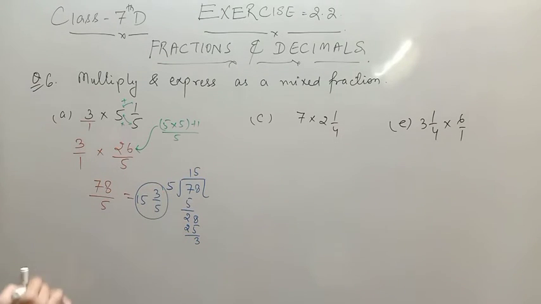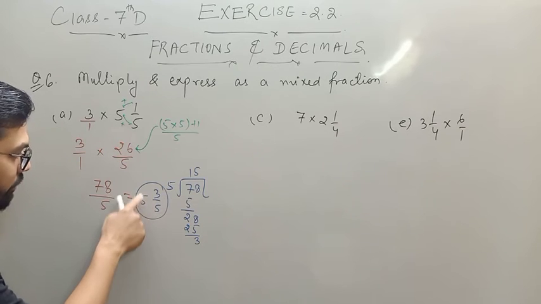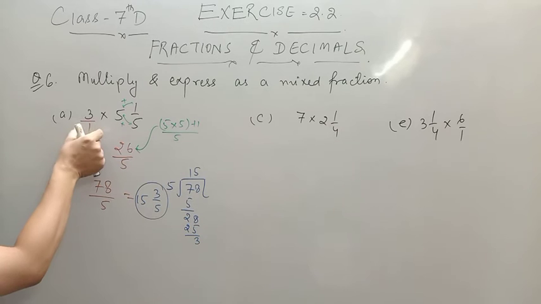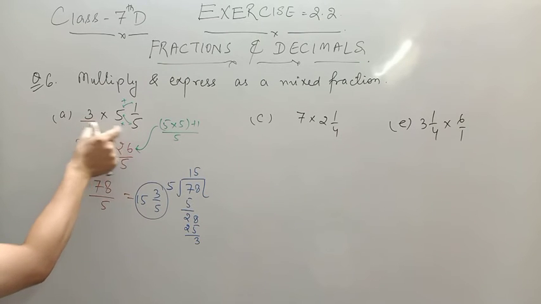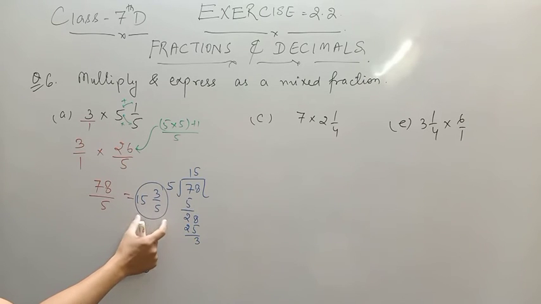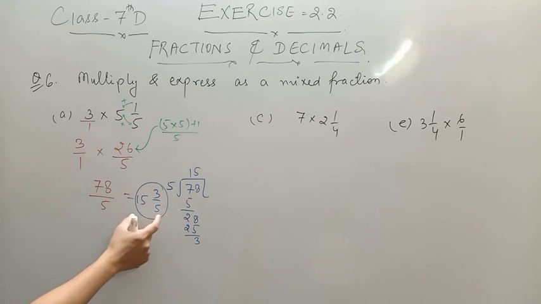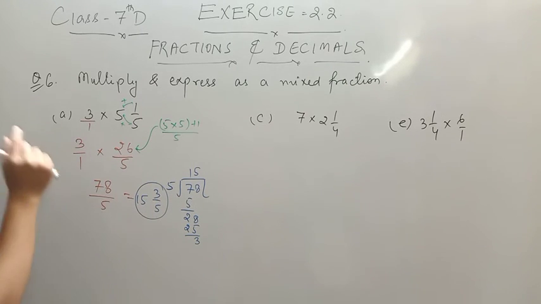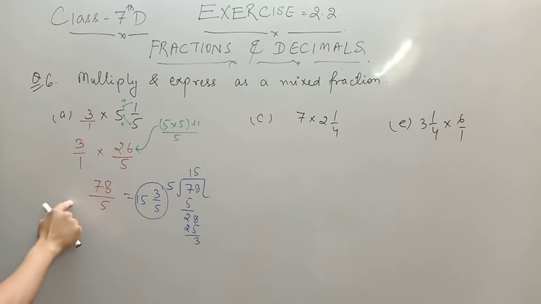This is the mixed fraction. 15 5s are 75 plus 3, 78 divided by 5. So this is how you can represent. First you multiply a fraction with a mixed fraction and the overall result will give you a mixed fraction, 15 3 by 5. 78 by 5 can be represented like this, 15 3 by 5.